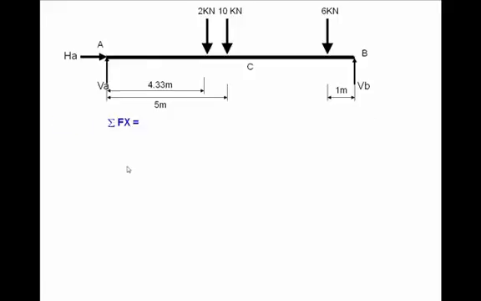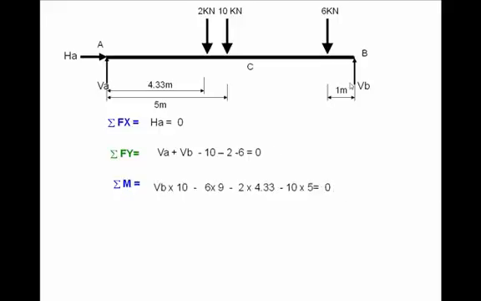So sigma Fx = 0 again simply gives me HA equal to 0. Sigma Fy = 0 goes like this: VA plus VB minus 10, 2 and 6. And for sigma M, I'm taking again moment about A. Sigma M equal to 0 tells me VB into whole distance 10, then 6 into this distance 9, and 2 into this distance 4.33, and 10 into distance 5.